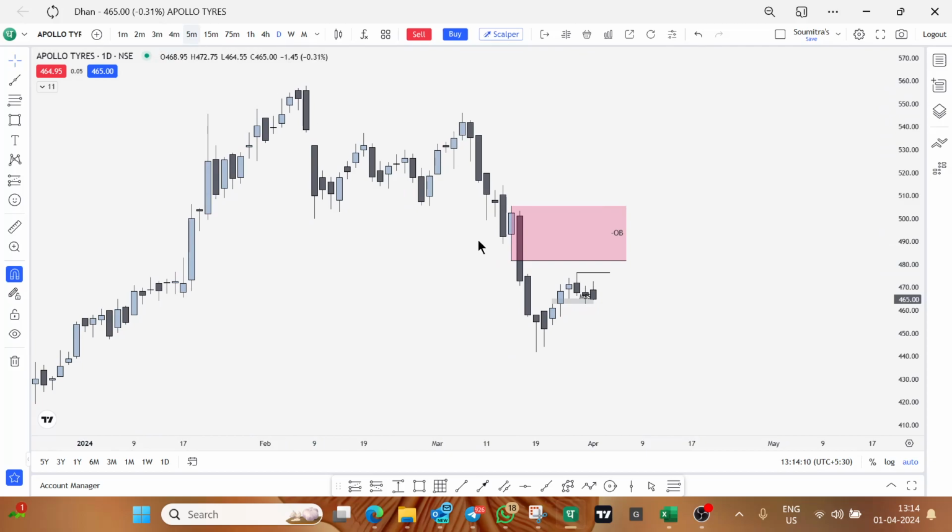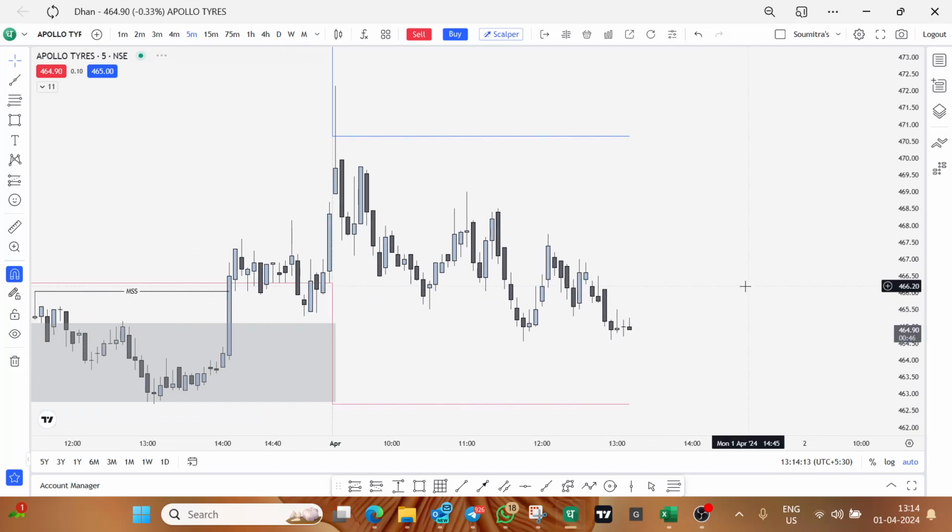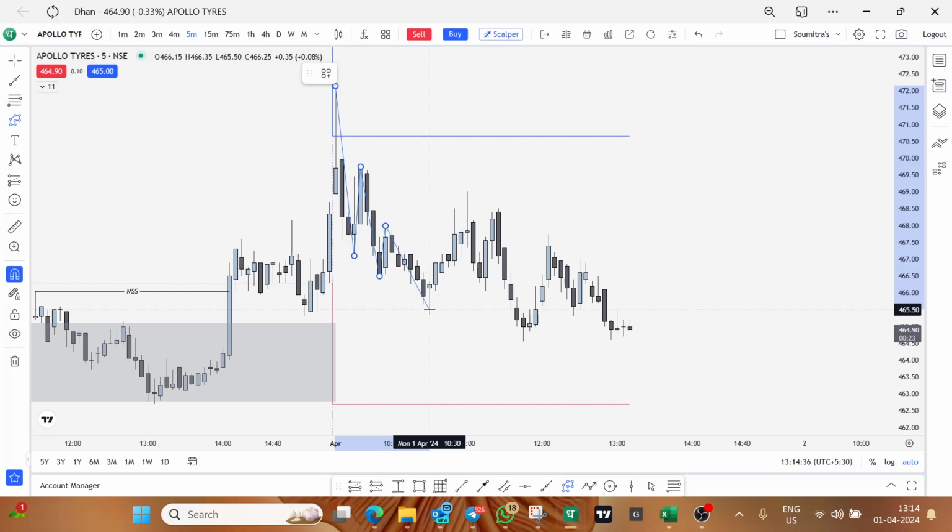So keeping that in mind, I was observing the price the next day. So in the next day, first of all, it took the previous day high like this, and then it came down and making lower highs and lower lows, like high, low, lower high, lower low, again lower high, lower low, and then here it gives a market structure shift like this.